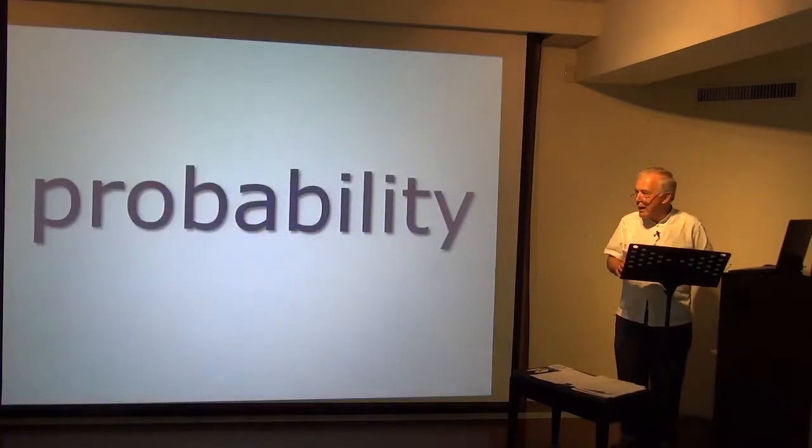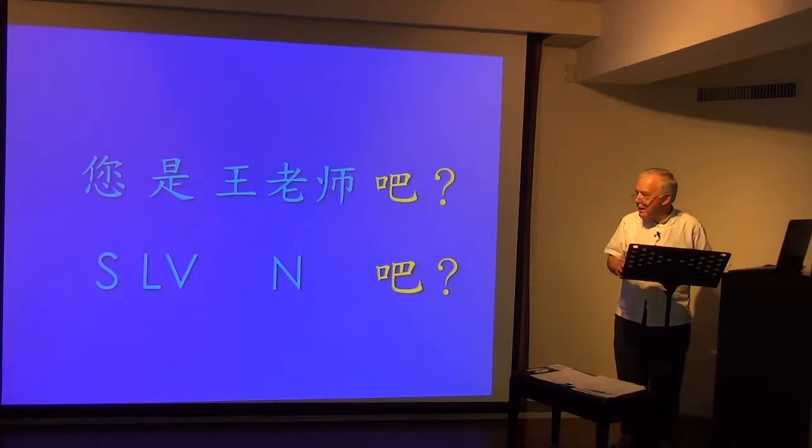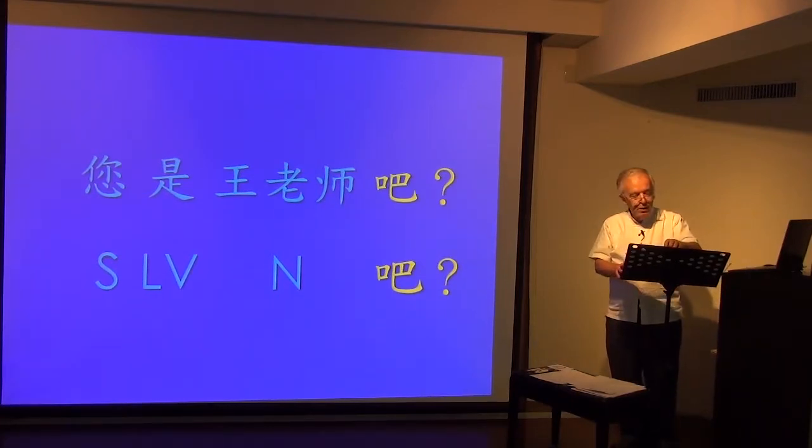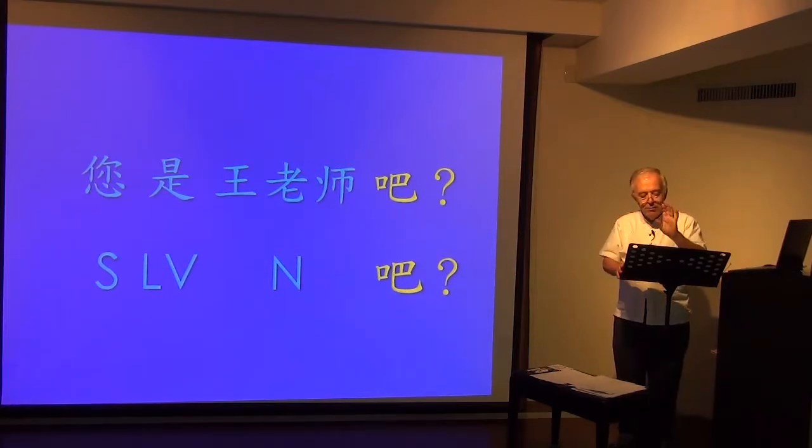But ba also has another use indicating probability. 您是王老师吧? You're probably teacher Wang, aren't you? In English, when we want to seek confirmation of the truth of someone's statement, we do this by means of what's called a tag question.